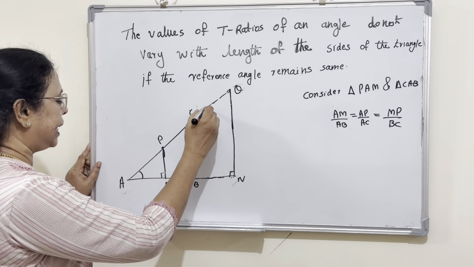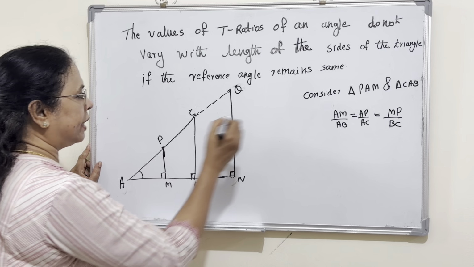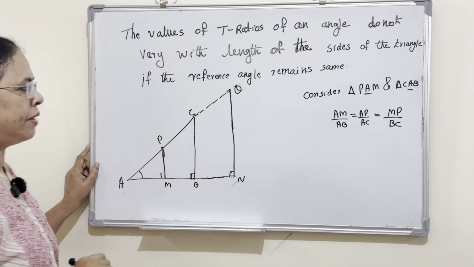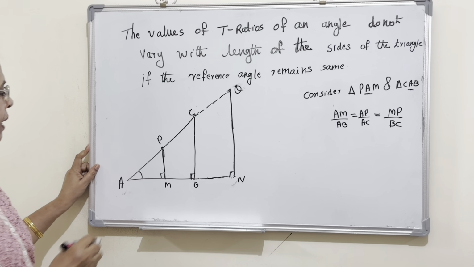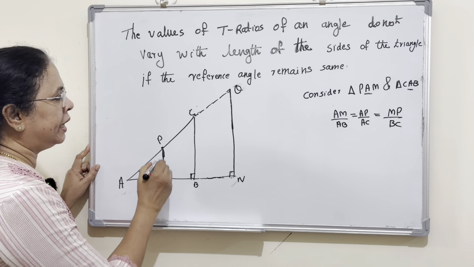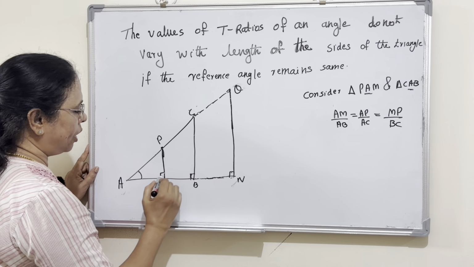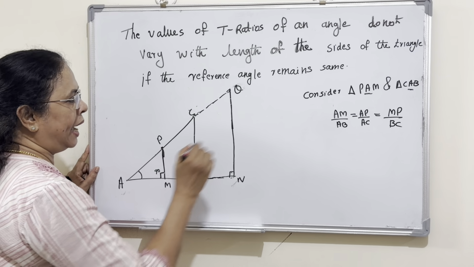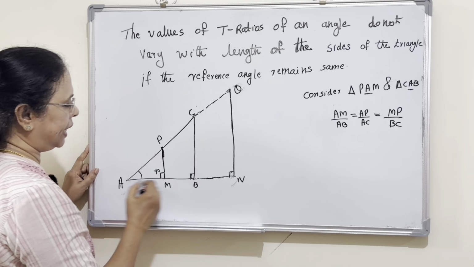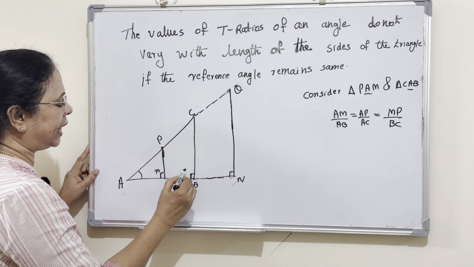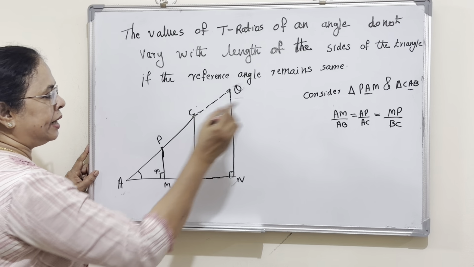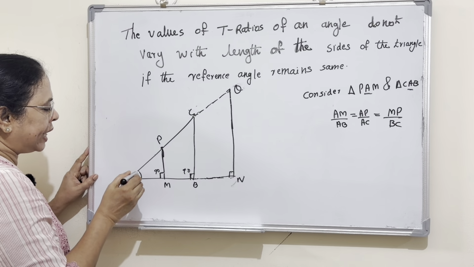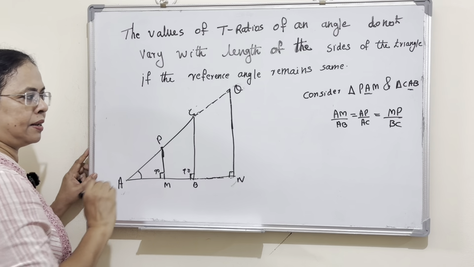We have angle A as well as angle M in PAM, which is 90 degree, and in CAB, angle B is again 90 degree. So in triangle PAM and triangle CAB, we can see two equal angles.